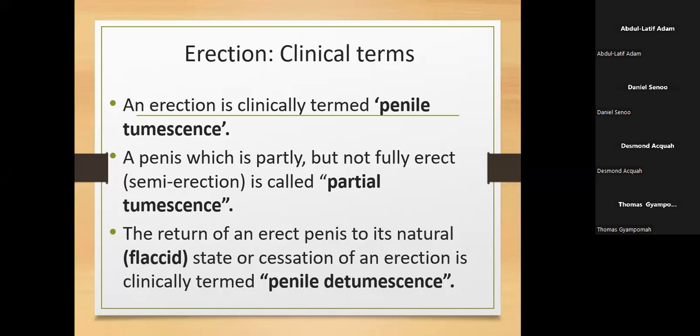You can have a full erection or a partial one. Especially as you age, a lot of things go bad, and your penis will be erect, but you see that it's not fully erect. That is a semi-erection, and clinically it's called partial tumescence. So tumescence is the clinical word for erection.